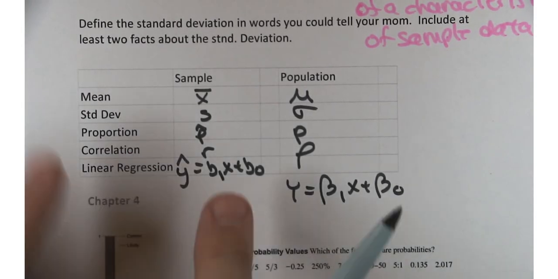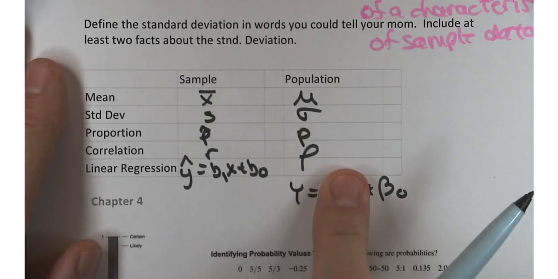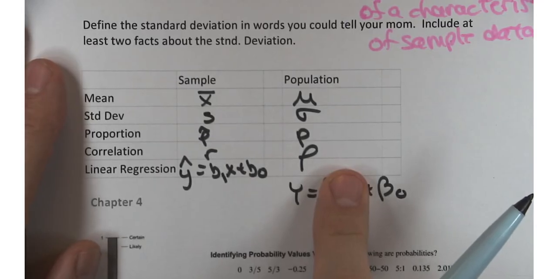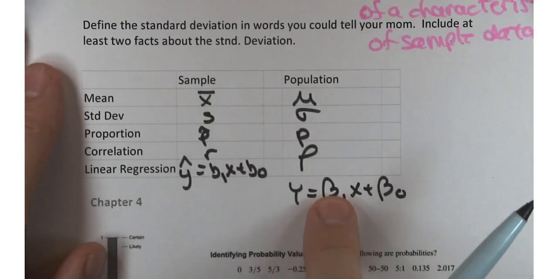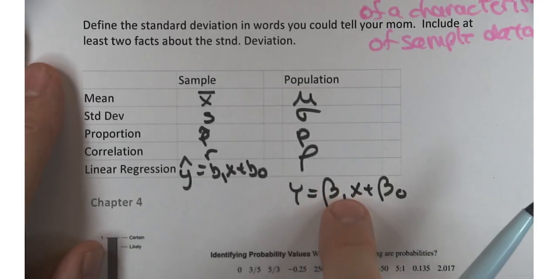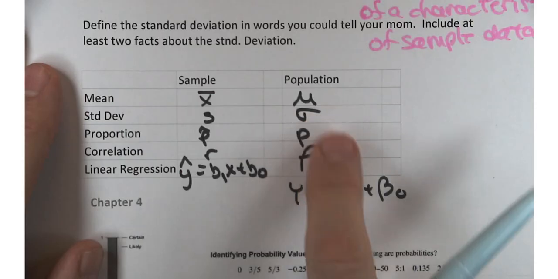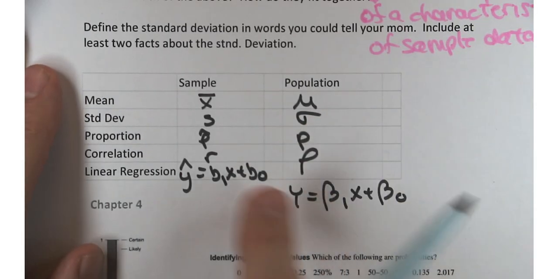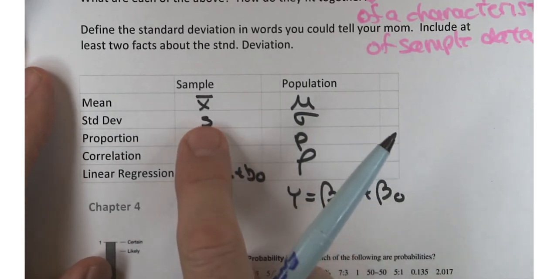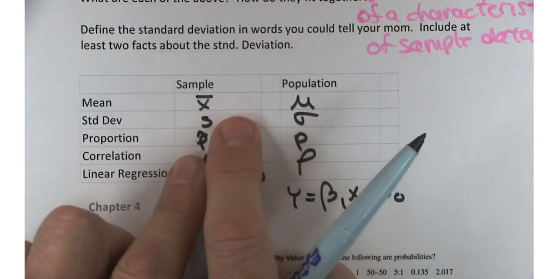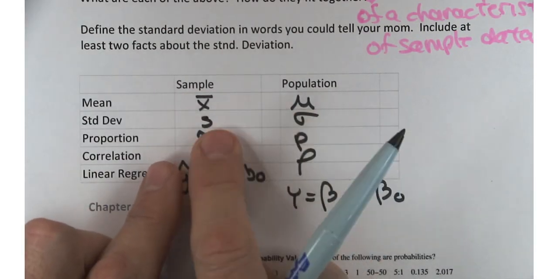But the reason that we sample is because a lot of times it's difficult, if not impossible, to get these values. We want to know these values quite often, but we can't collect data from an entire population. So if we can't do that, the best we can do is take a sample and then use our sample to try and make estimates here.